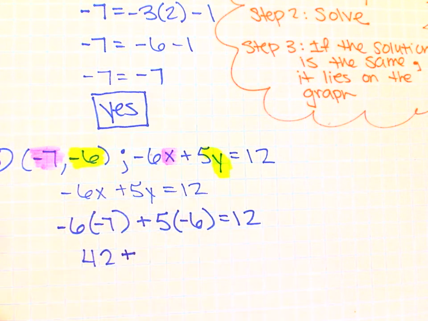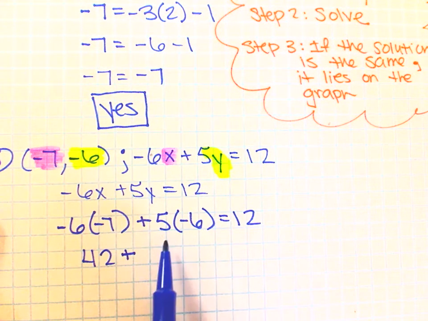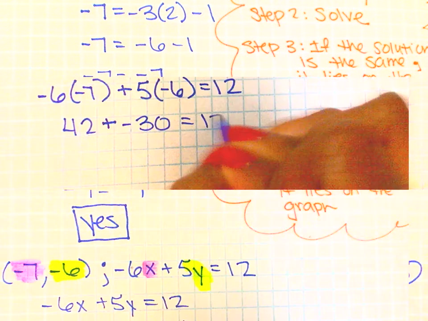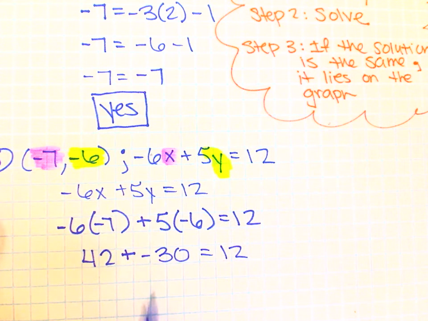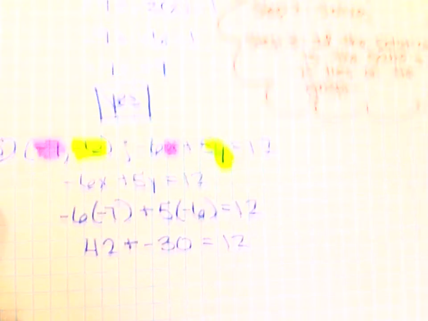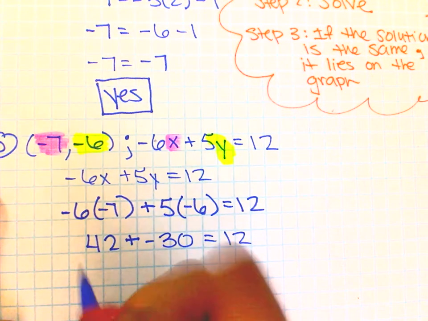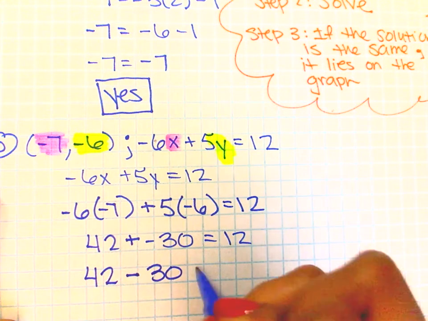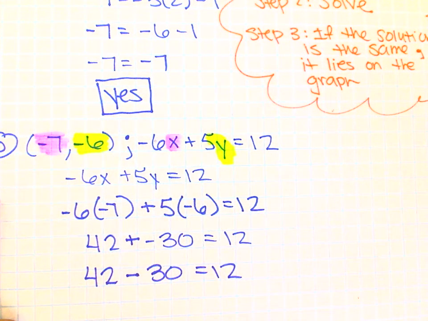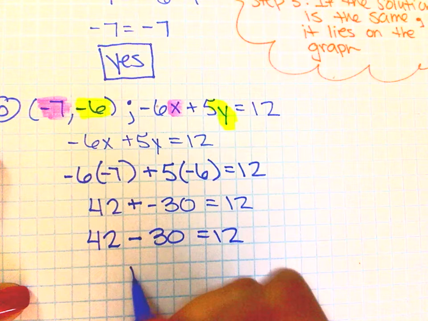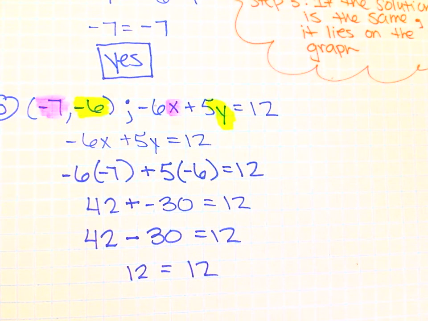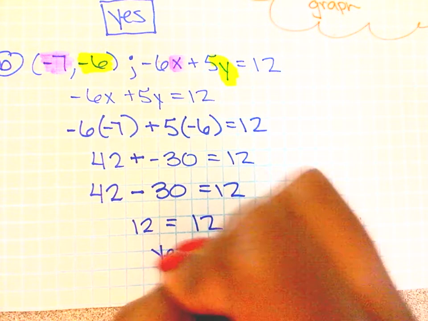Plus negative 6 times 5 is negative 30 equals 12. Uh-oh. I have a plus and minus next to each other, so the operation is going to be positive or negative? Negative. Good. So that turns into 42 minus 30 equals 12. Well, 42 minus 30 is 12. So does it lie on the graph? Yes. So my answer is yes.